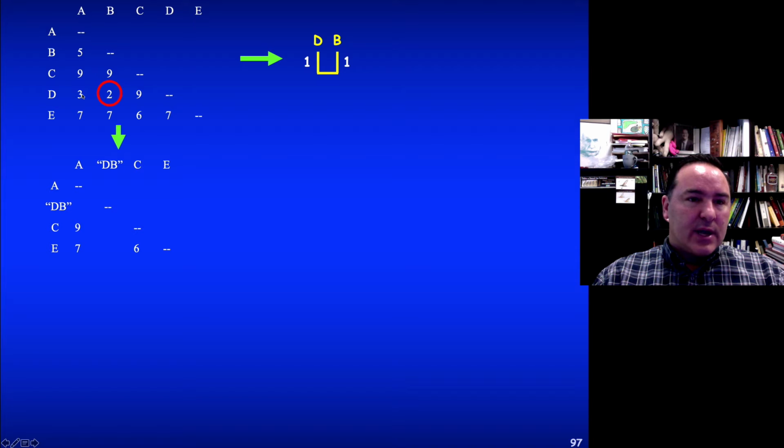D to A is 3, and B to A is 5. So what's the average of 5 and 3? It's going to go right here in this cell. It's 4, right? And then D to C and B to C, and its average is 9, and D to E and B to E, and its average is 7.